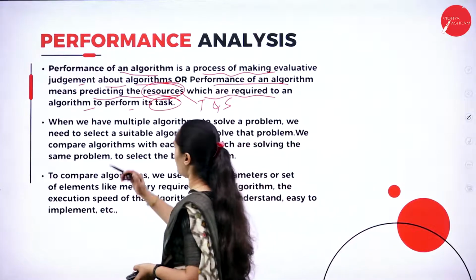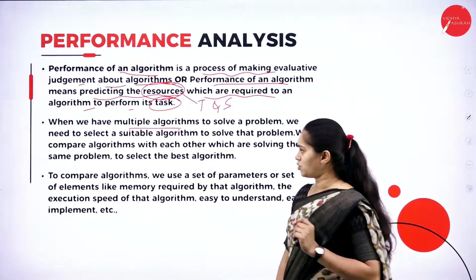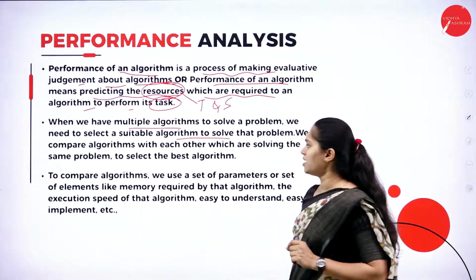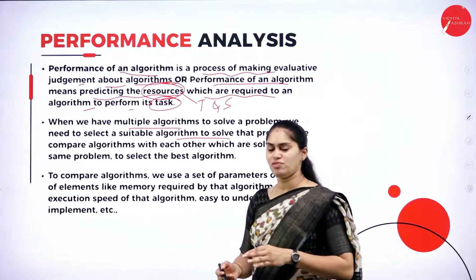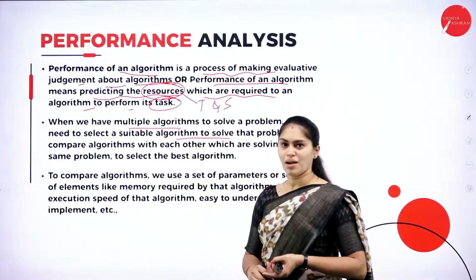When we have multiple algorithms to solve a given problem, we have to select the suitable algorithm, so we make a comparison from one algorithm to another. Only then can we choose the best one.